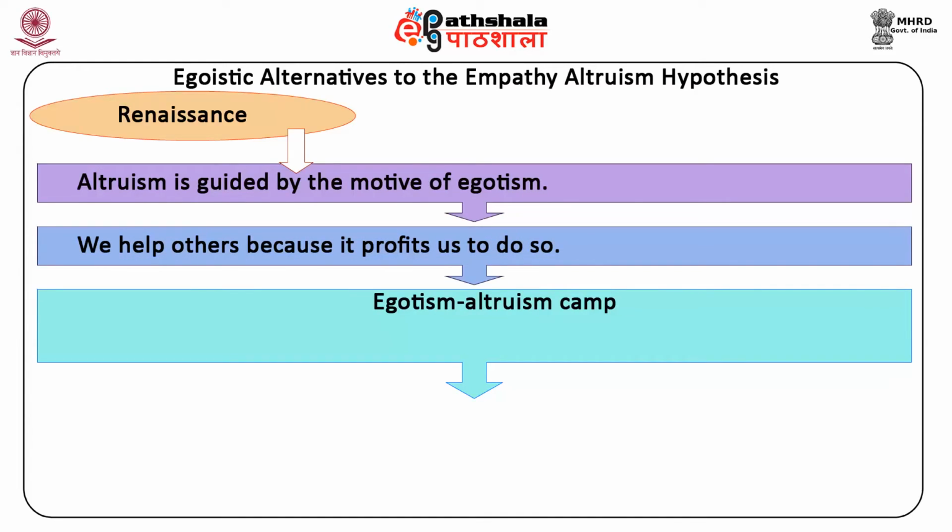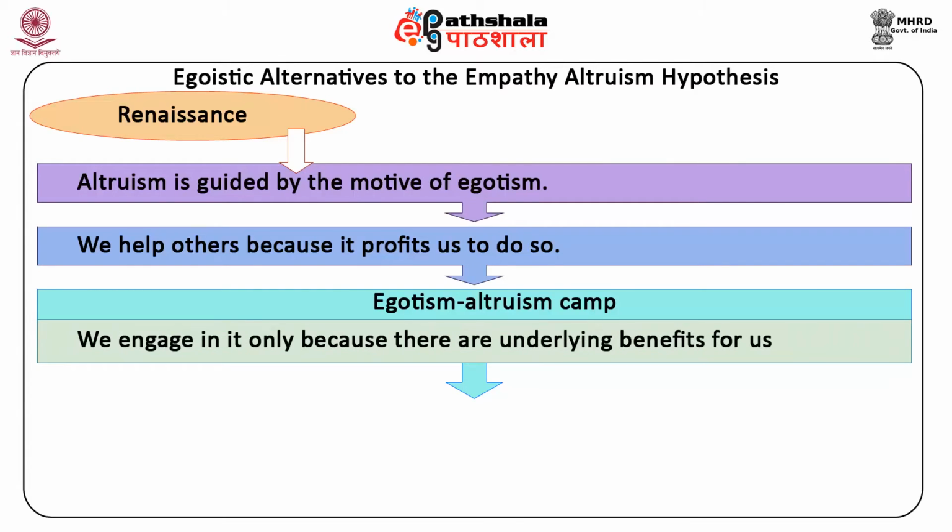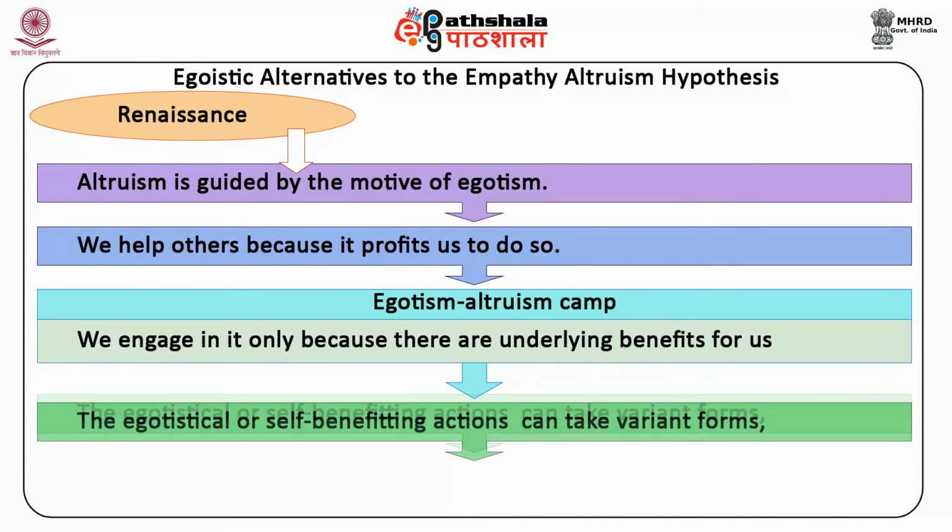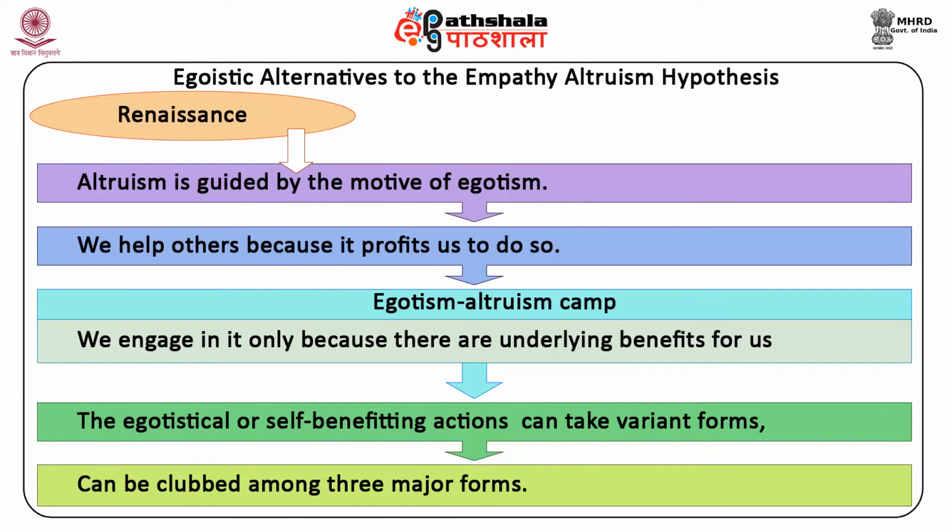The egotism altruism camp, as they can be called, holds that no matter how selfless our behavior might seem, we engage in it only because there are underlying benefits for us, such as social appreciation, material rewards, etc. The egotistical or self benefiting actions that involve altruism can take various forms, but can be clubbed among three major forms.